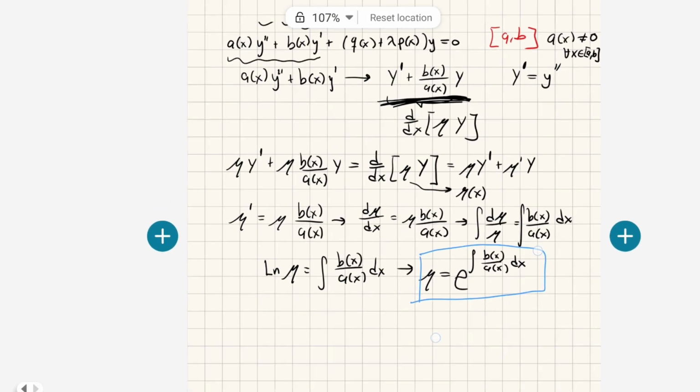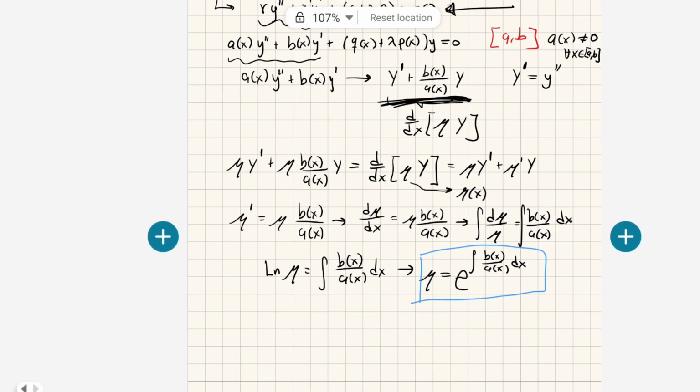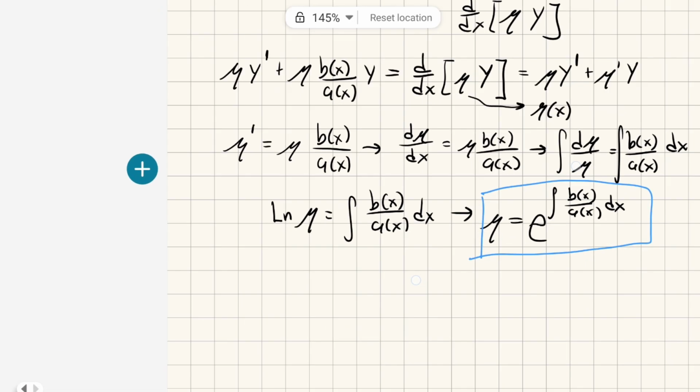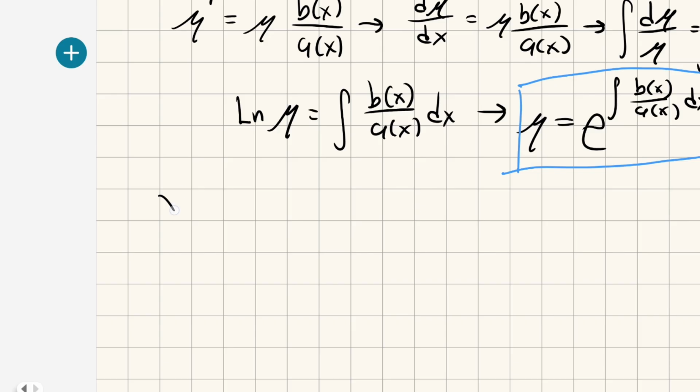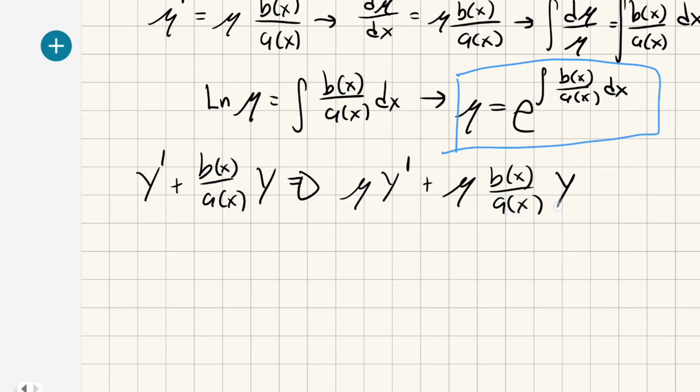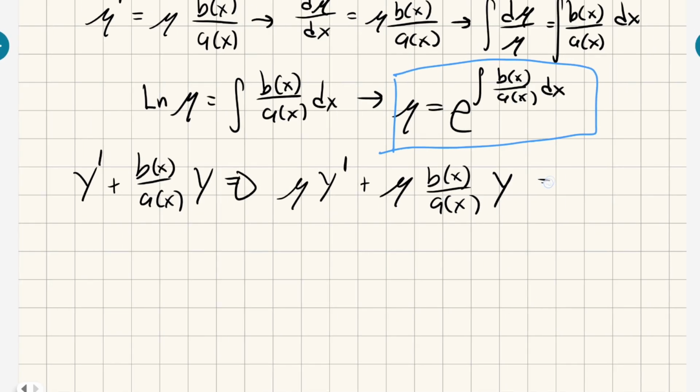So with this we can reorder this expression as: y prime plus b of x divided by a of x y can be seen as, well, this leads us to mu y prime plus mu b of x divided by a of x y, that is equal to the derivative with respect to x of mu y.